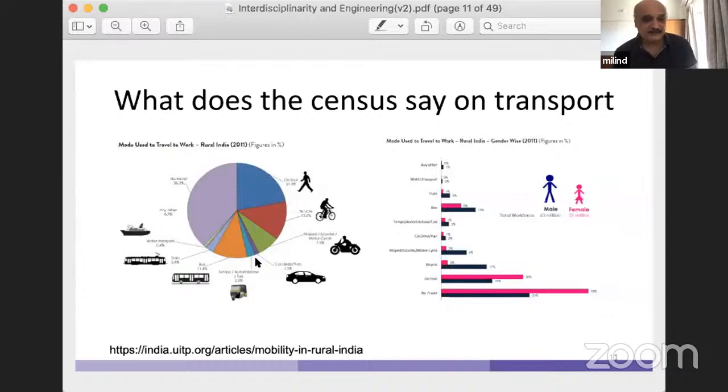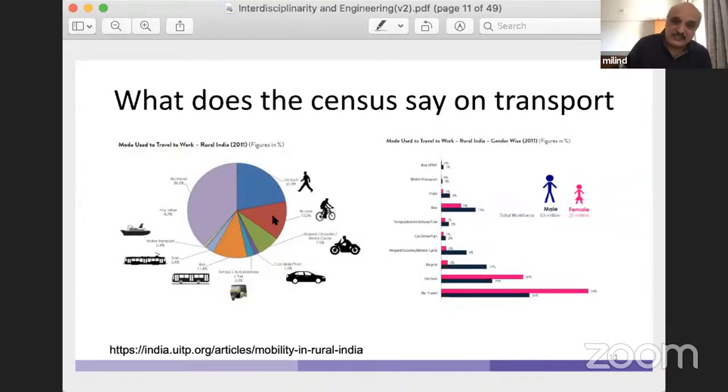Some of them use cycles, and the bus is used by 12% of the people. For those who are walking or staying at home, employment opportunities are quite limited, and the more cheap public transport that is available, the better it's going to be.